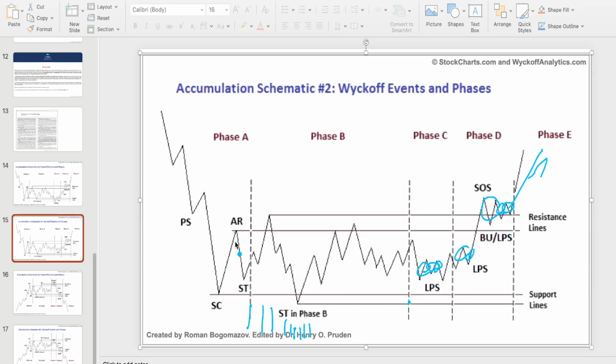So there are also other schematics that go sideways to the upside. Those are different from the rectangular schematics where you have your support and resistance in a rectangle.